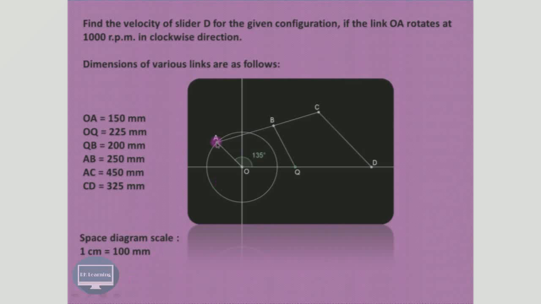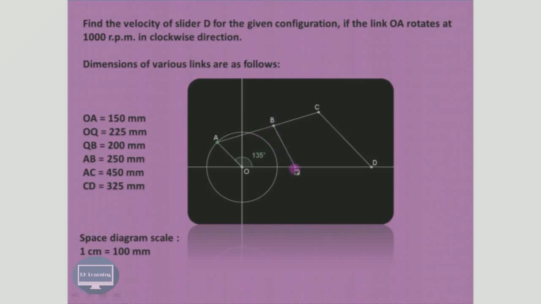As we have seen in our earlier example, the velocity of the rotating link as well as the oscillating link is perpendicular to the link and will be in the direction in which that particular link is rotating. So in this particular case, as A is rotating with respect to O in clockwise direction, the velocity of A with respect to O will be perpendicular to this link. For the velocity of B with respect to A, neither B is fixed nor A is fixed, so we can say the velocity of B with respect to A or A with respect to B will be perpendicular to this particular link.